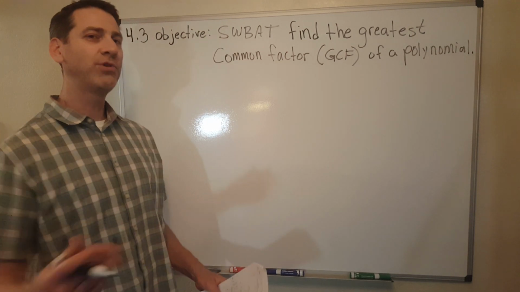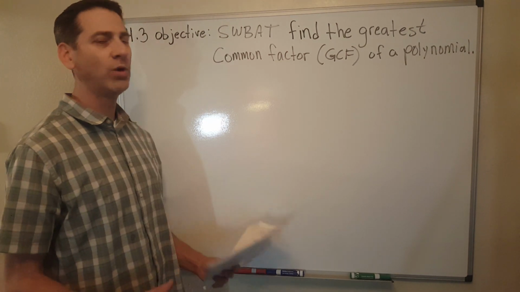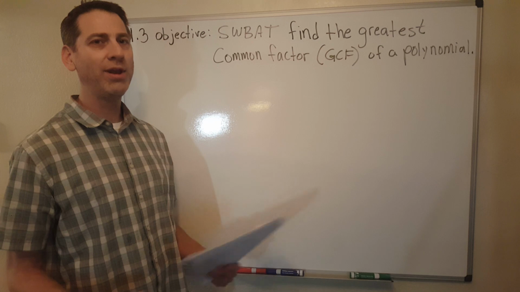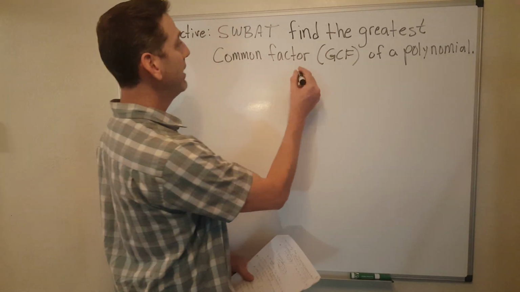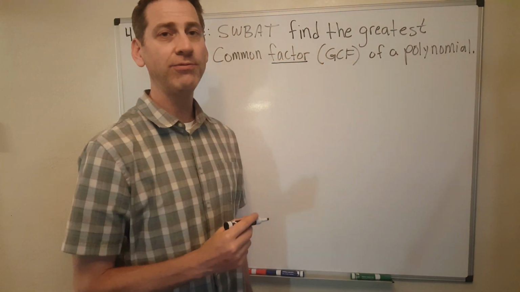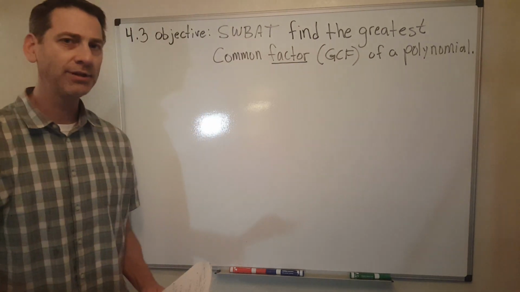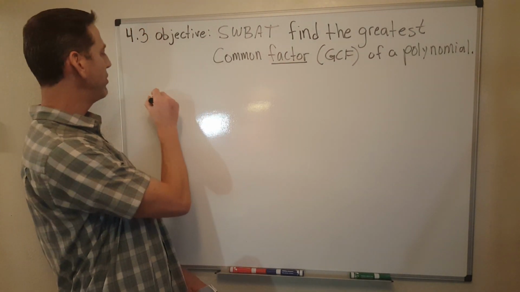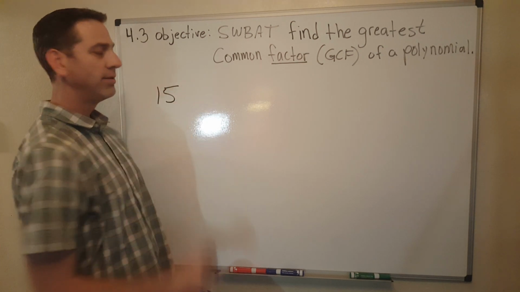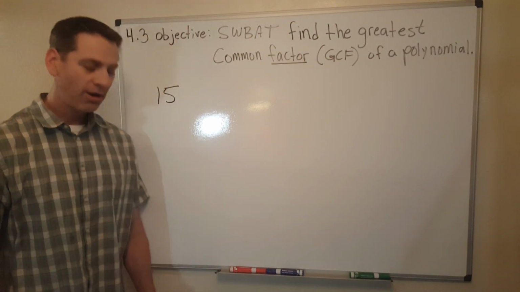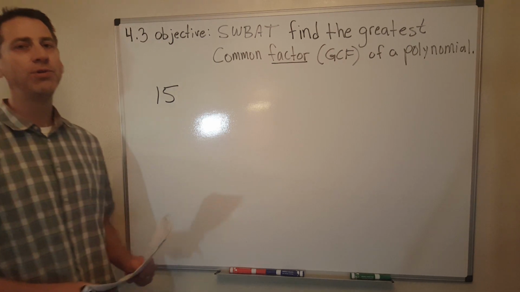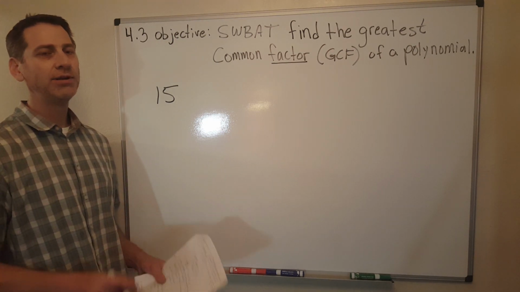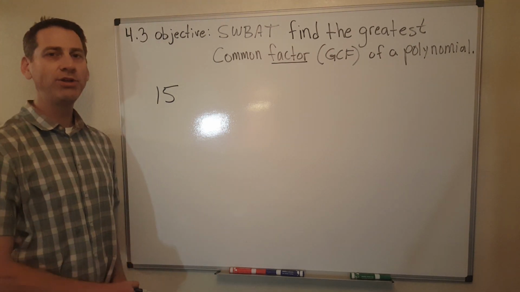All right, so first off, we need to ask the question, what is a factor? That's the key word right there, factor. Just to illustrate this, I want you to consider the number 15. If I were to ask you to factor 15, how would you do it?